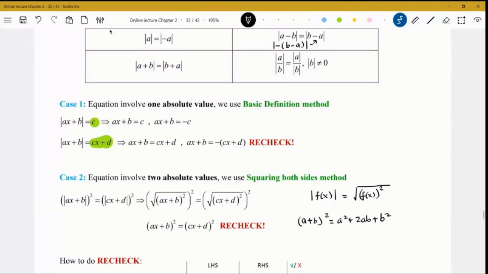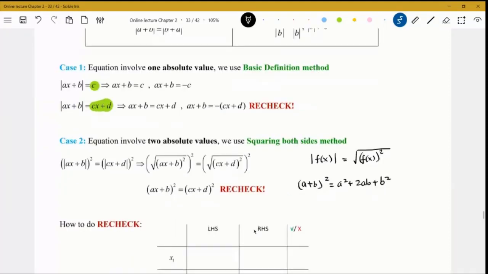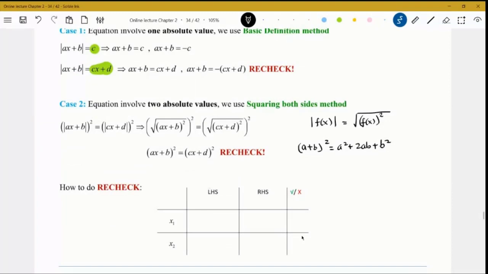Okay, so you have to expand properly on the left hand side and right hand side. And then you have to recheck as well. So ada dua bahagian yang kena recheck. Satu absolute values kalau ada x sebelah kanan, and then two absolute values kita perlu recheck juga. Okay, alright, so how to do recheck? Seperti yang saya cakap dalam kelas, you have to do proper way, which is kita akan buat dalam table.